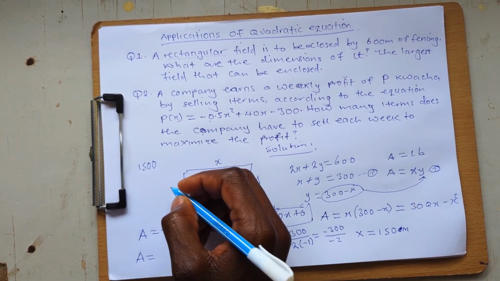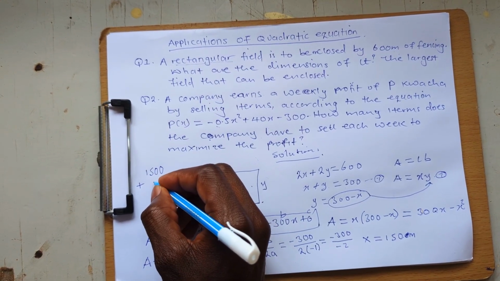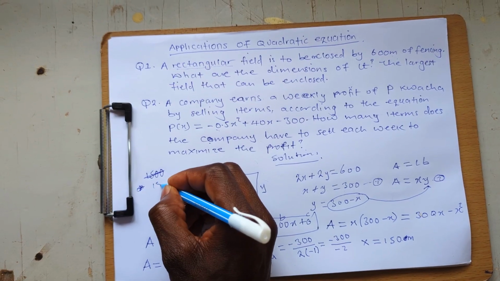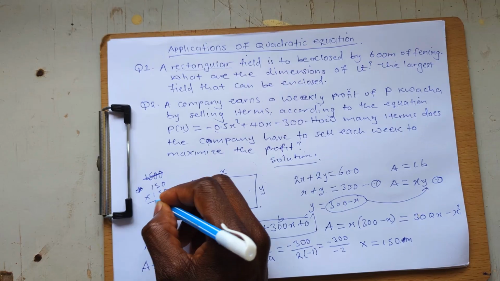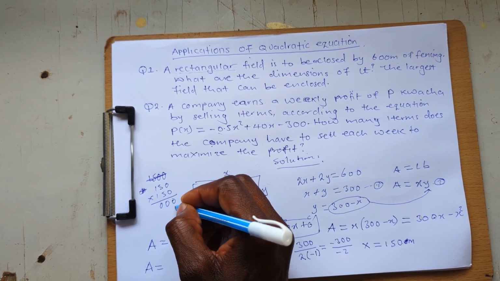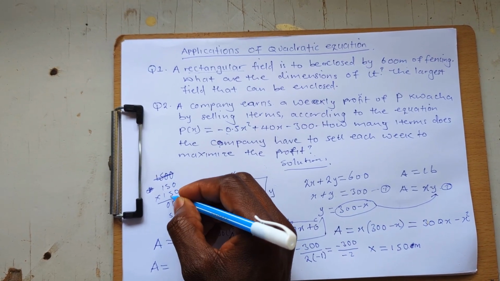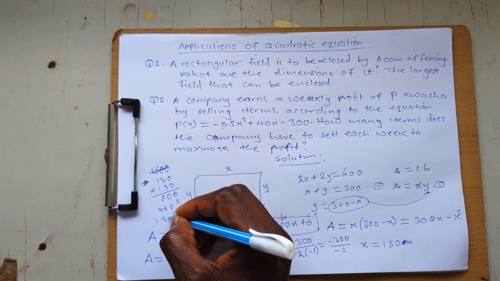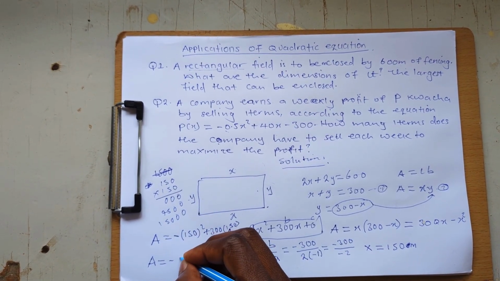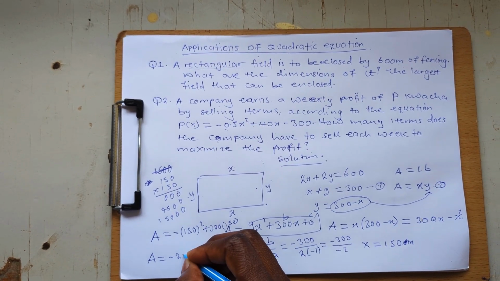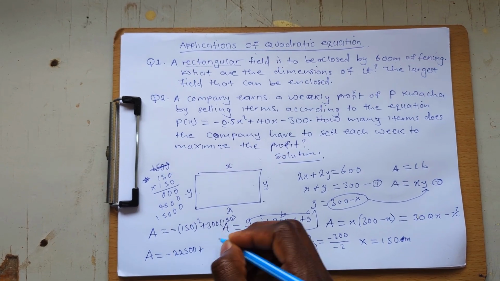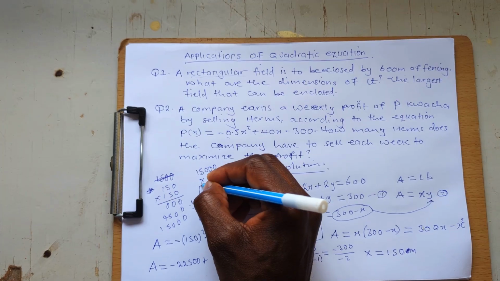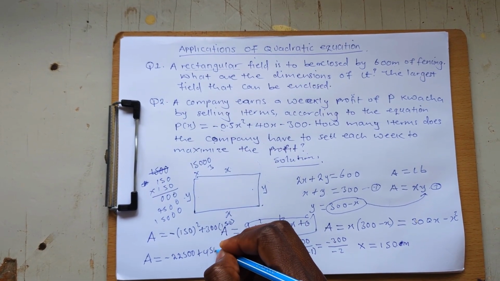So area is equal to, if you square that, 150 squared, which is 22,500, so we have negative 22,500, plus again, if you multiply 300 by 150, you have 1500 multiplied by 3, which is going to give us 45,000.